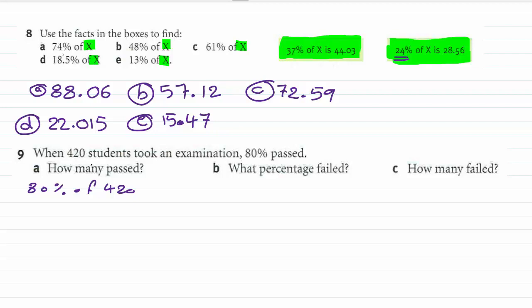With a calculator, simply multiply 80 by 420. That gives 33,600. Divide the result by 100. It will be 336 students passed the exam.